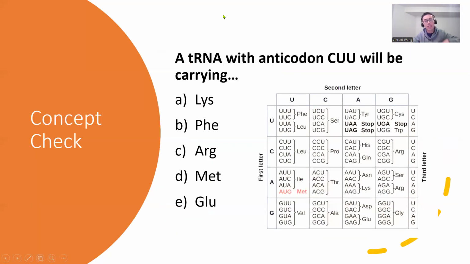There we go. So let's say the tRNA has an anticodon of CUU. I'm gonna do the polls here for you guys. What amino acid is it going to be carrying? Please try that out.